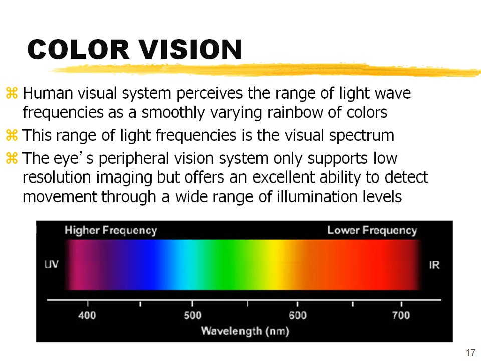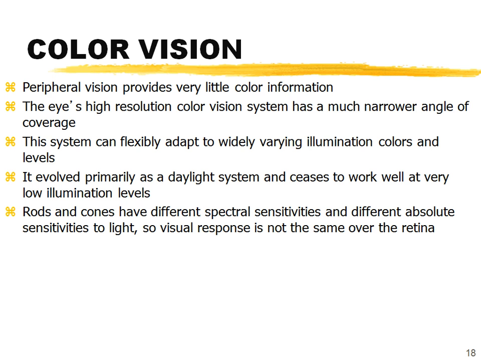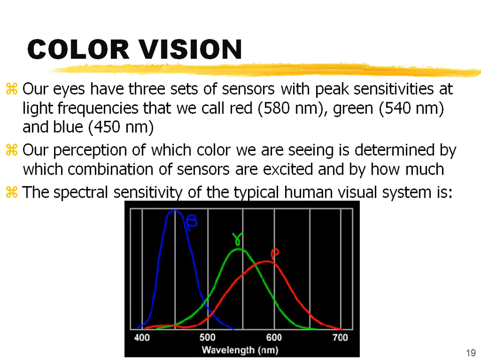Okay? So if I look at the sensitivity of my cones, you would expect to see sensitivity curves that look like this. Blue for blue receptors, green for green, and red for red, of course. If you see, they tend to overlap quite a bit.